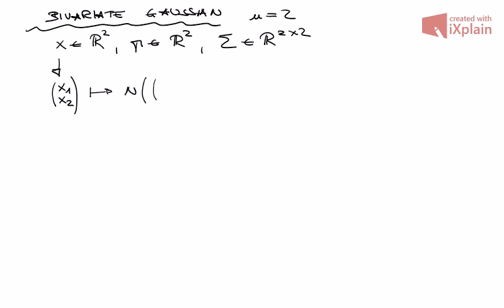One can write it a little bit more in detail if one wants to. So our mu, of course, also has 2 entries, and our sigma has now 4 entries.